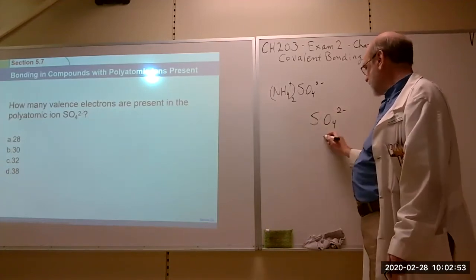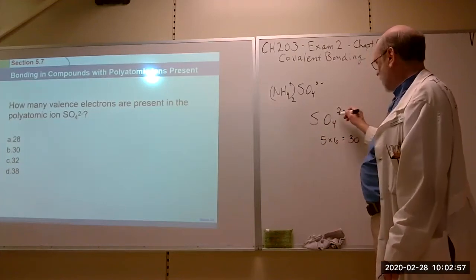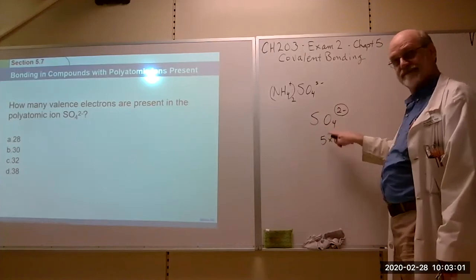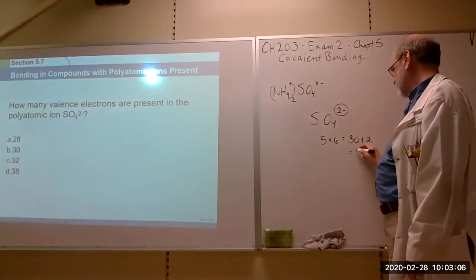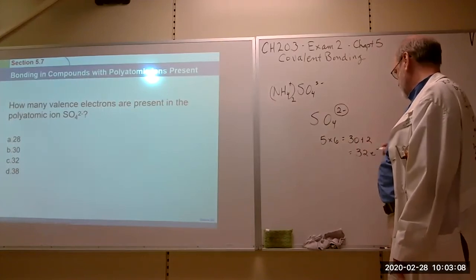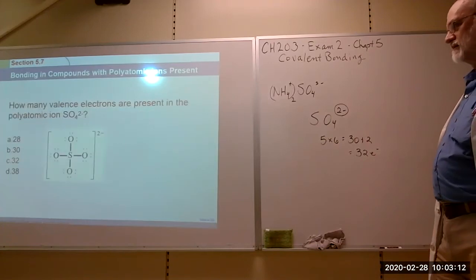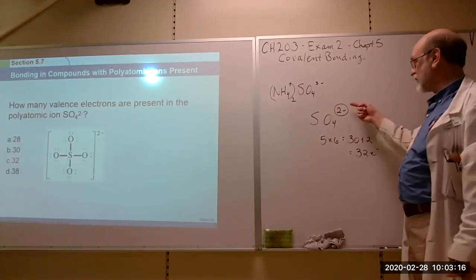So we have 5 times 6 equals 30, but we've got 2 extras. This is for the neutral, right? This is extra. So there are 32 valence electrons in that ion. So don't forget to count these.